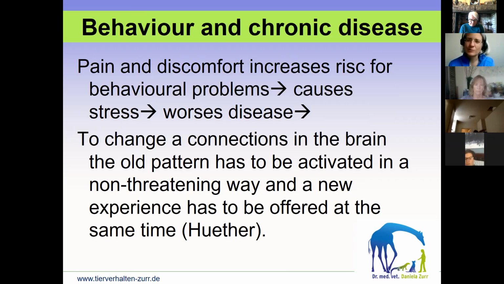And I think that's what we do all the time in TTouch, because activating the old pattern is also important. If I'm afraid of black spiders, for example, and I just avoid the black spiders the rest of my life, I will not get rid of this pattern.